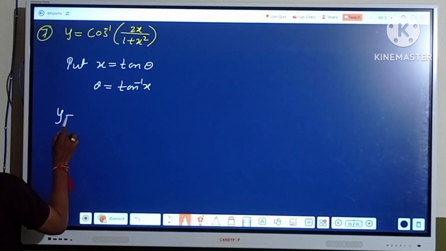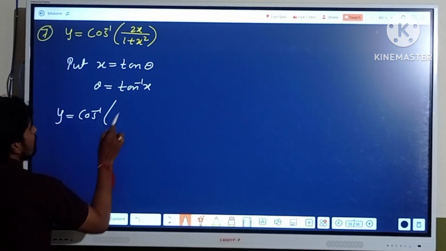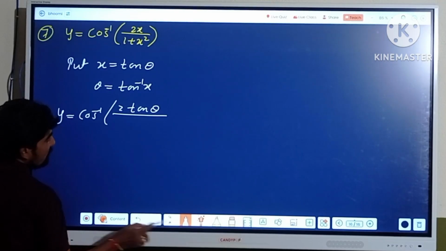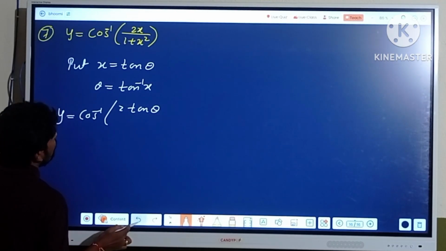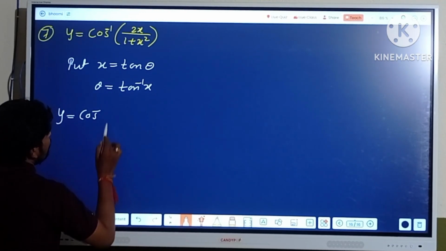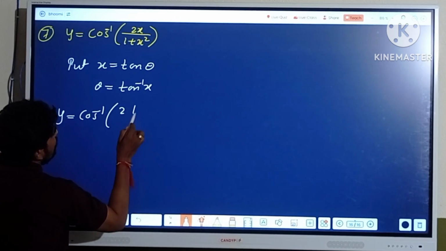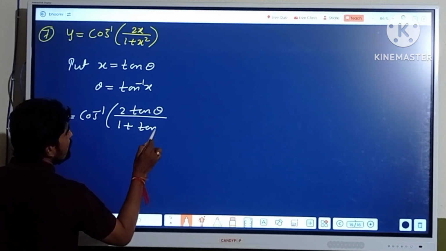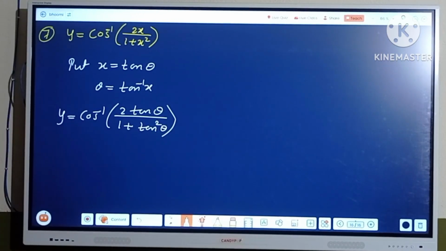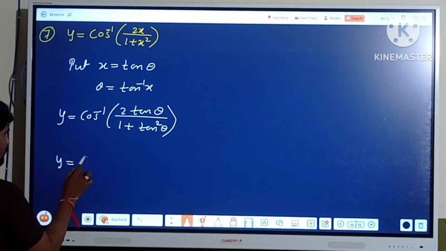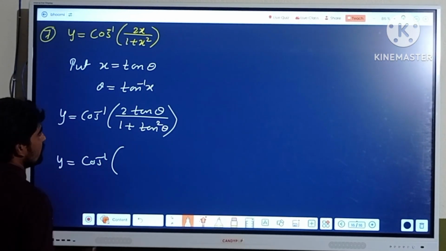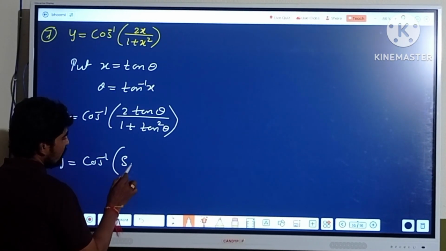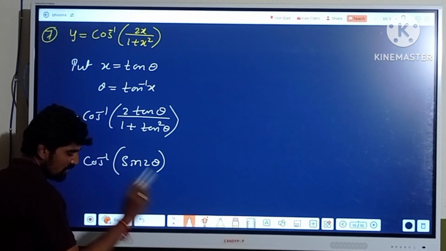Therefore y becomes cos inverse of 2 tan theta divided by 1 plus x square, which means 1 plus tan square theta. So y equals cos inverse of, we know 2 tan theta divided by 1 plus tan square theta is the formula for sin 2 theta.